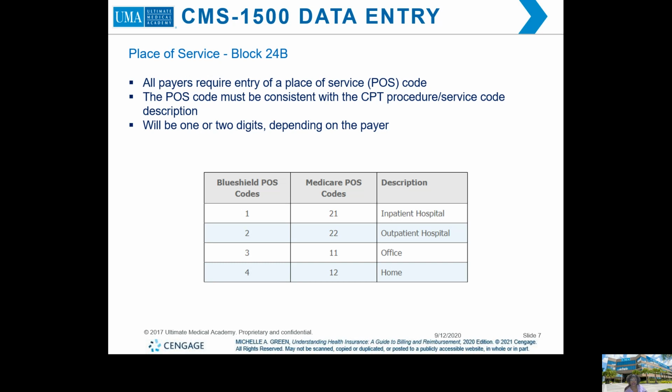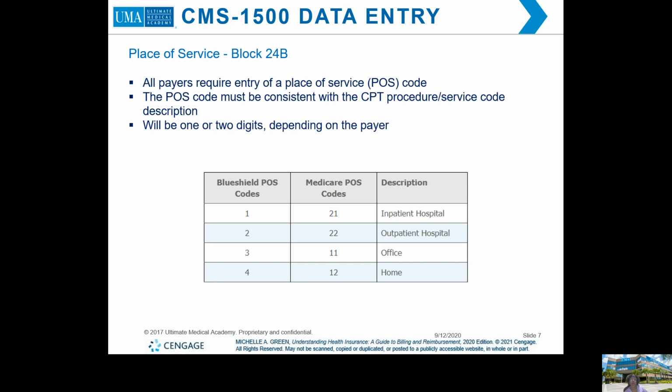Did the service happen in the office and it was coded incorrectly? Or was it coded correctly and the place of service is wrong on a claim? So these are the type of things that you will learn to think about as you become more experienced in the coding world.